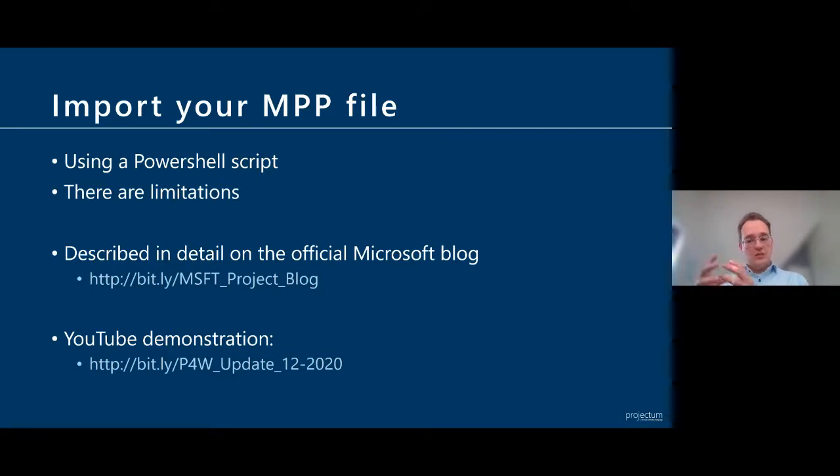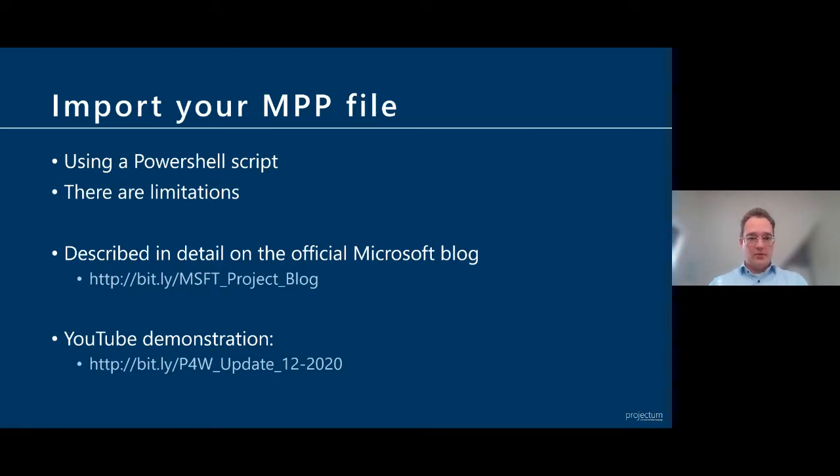However, it does retain the amount of work that is necessary for those activities. So you will be able to replace your resources with team resources once the project is uploaded. There's a detailed description on the official blog that was released in December, and there's also a deep dive demonstration link down below.